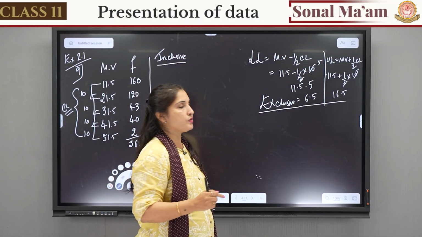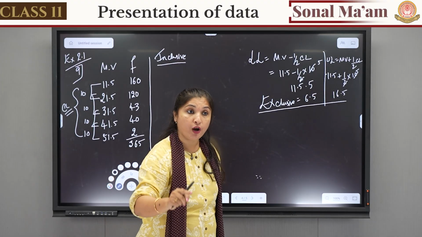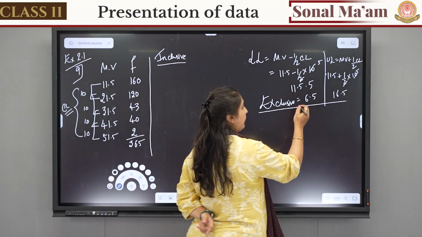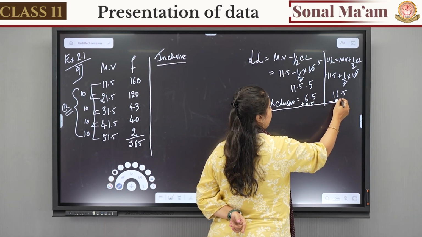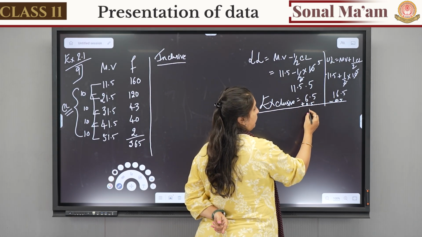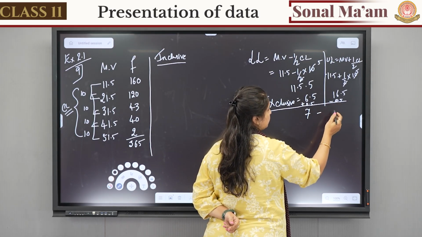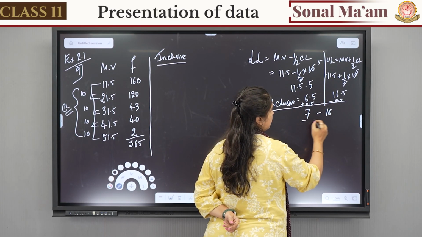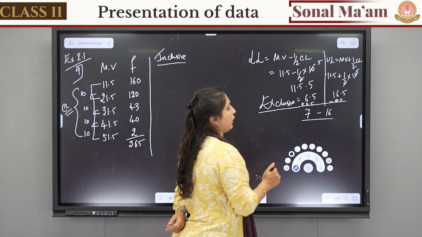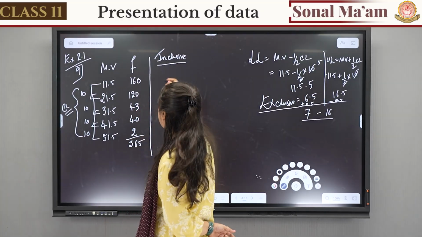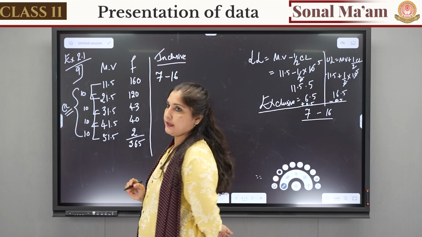If this is exclusive and I want to convert it into inclusive, I have to do plus 0.5, minus 0.5. If this is plus 0.5, it will be 7. And if this is minus 0.5, this will be 16. So you got the first class. What is my first class? My first class is 7 to 16.